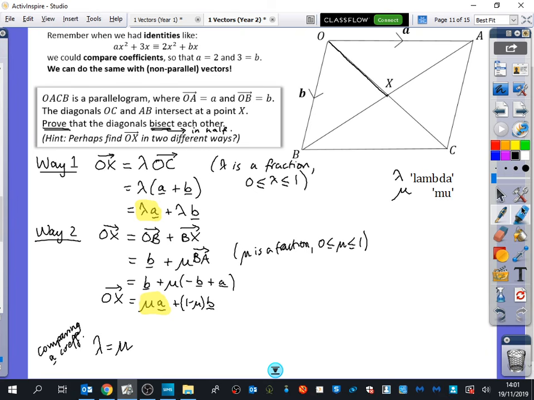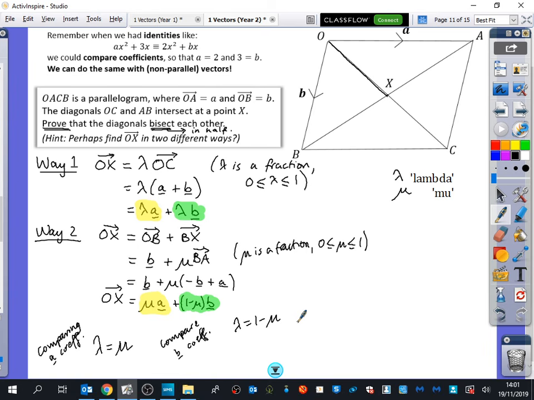We're then going to compare the B coefficient. Lambda B is 1 minus mu B, which means that when we compare the B coefficient, we get that lambda is equal to 1 minus mu.